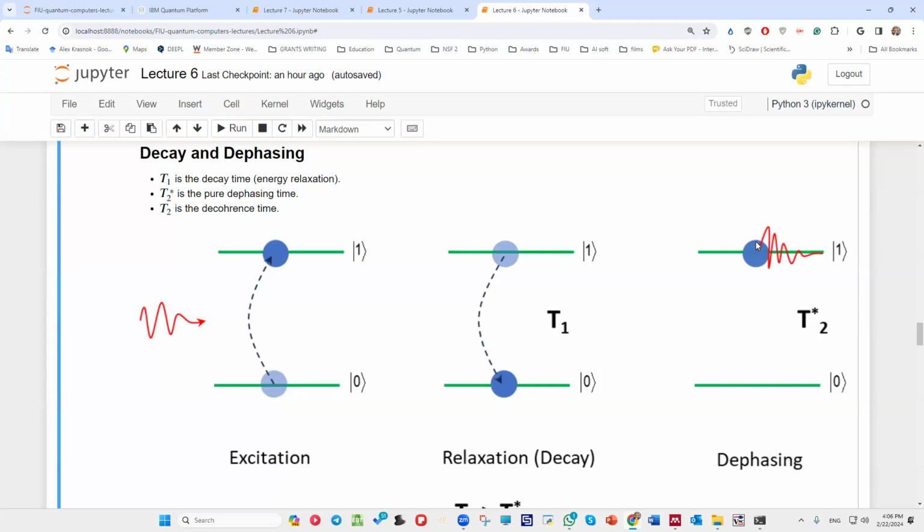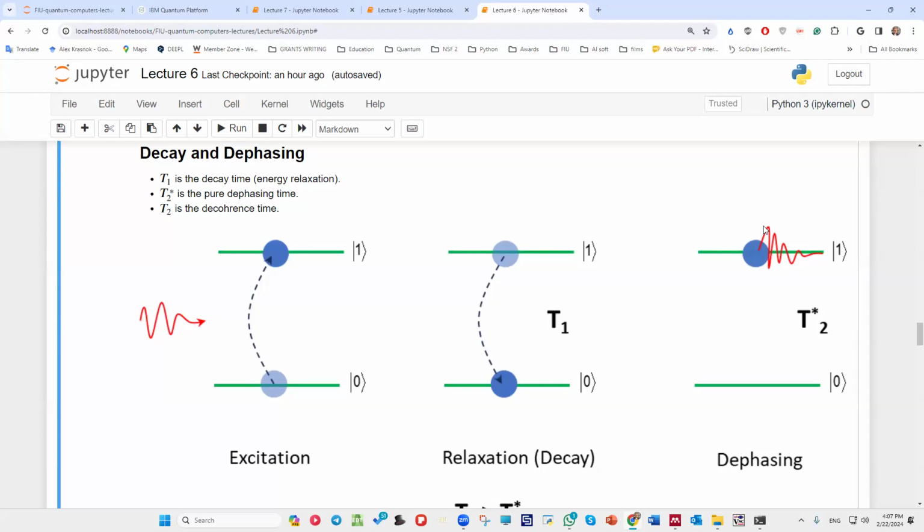However, in this excited state, the electron doesn't just reside in this energy level. It also oscillates, and this oscillation preserves the phase of the excitation that we use to basically excite the atom or qubit to the upper state.